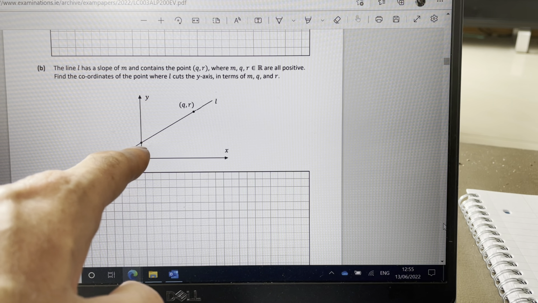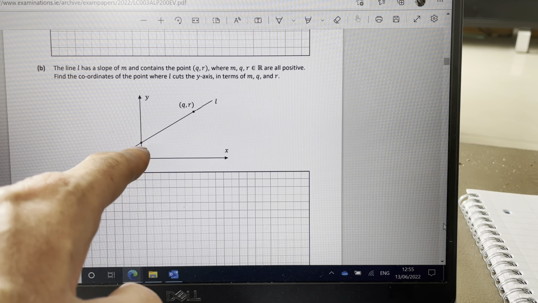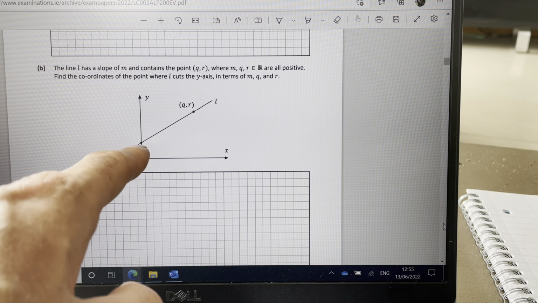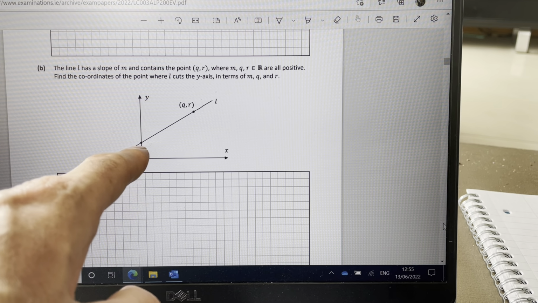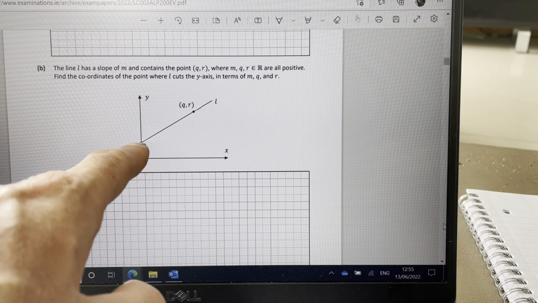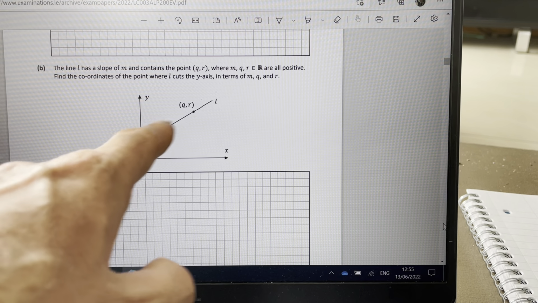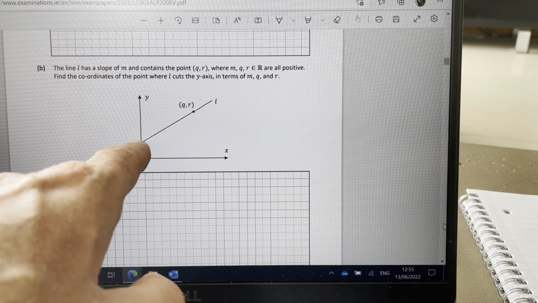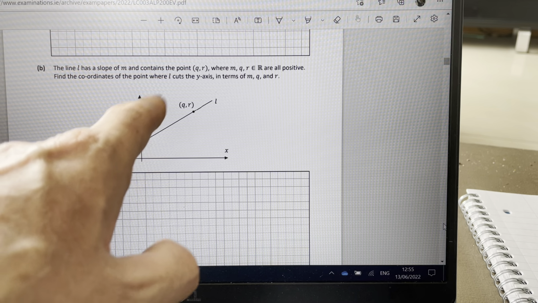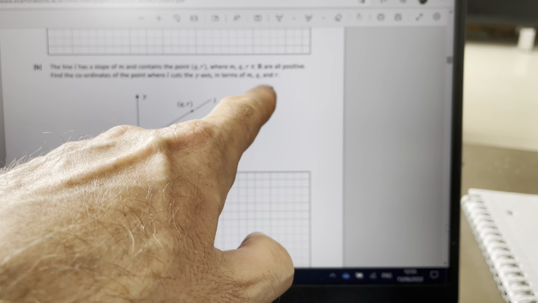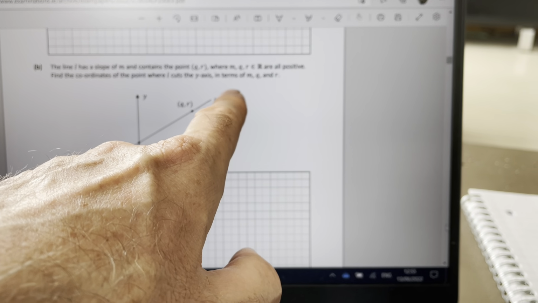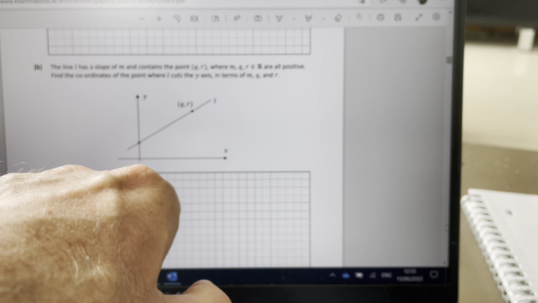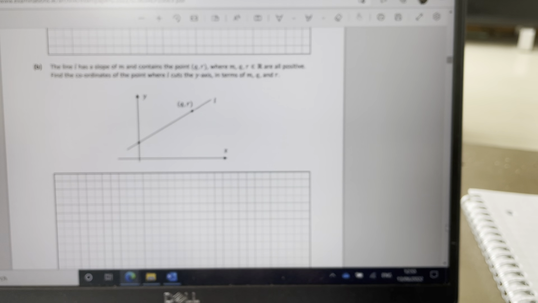If you let that point be 0, c, then get the slope between 0, c and q, r in terms of those, and your line will be y equals mx plus c. In terms of m, q and r. That should be fairly straightforward.